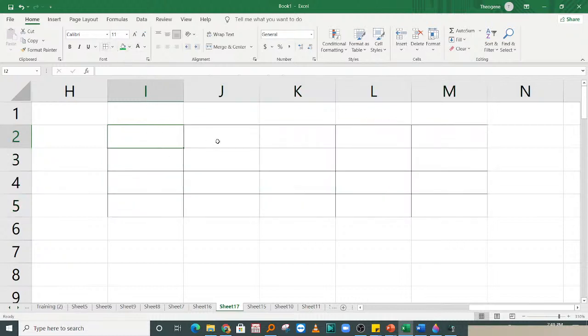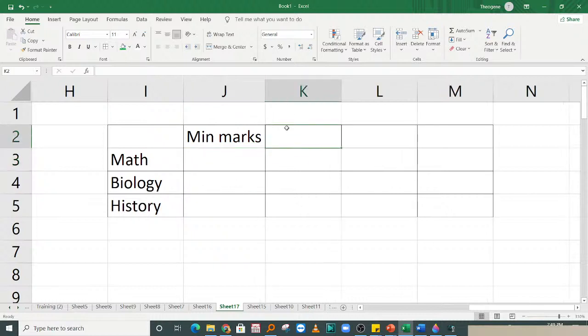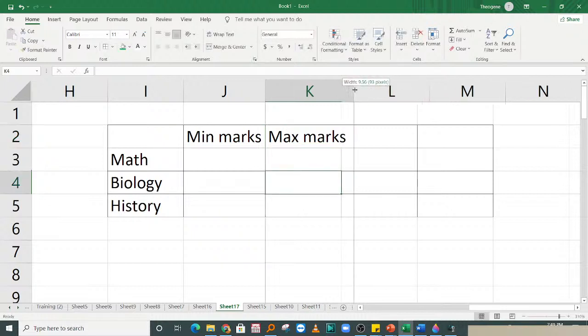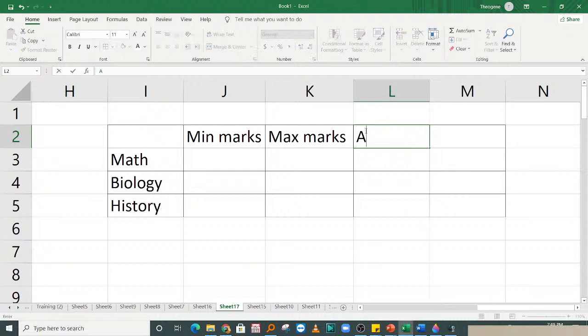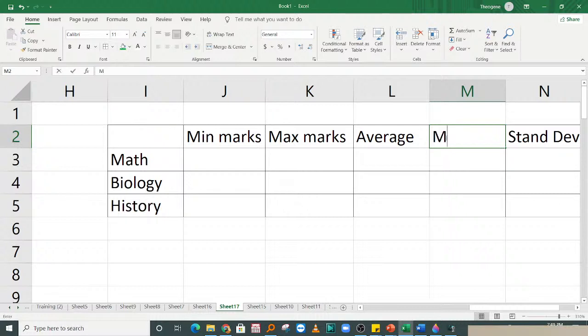So the minimax, here we have math, here we have biology, and here we have history. So here we have the minimax. Okay, this is now a good example you all can understand. Max, and I have here average. I have standard deviation. Can even have here the median.